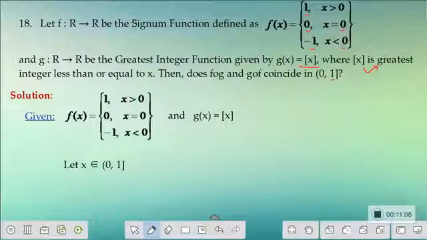Now, as usual, let us list out the values of f of x and g of x. Here it is. Now we have to check for the values of f composite g and g composite f in the half open interval (0, 1]. So let me consider an element in the half open interval, open at 0 and closed at 1.